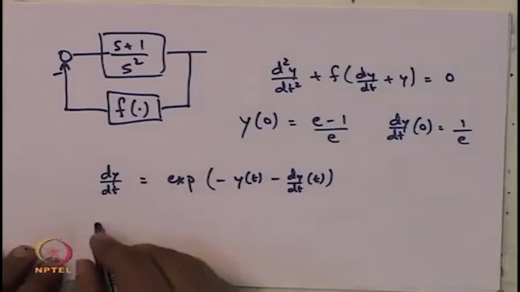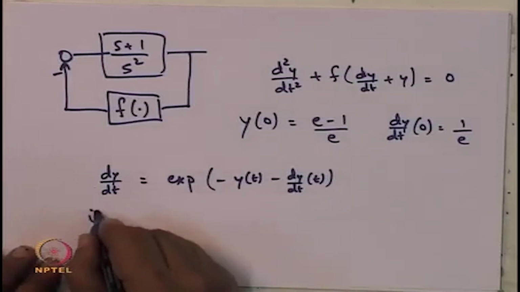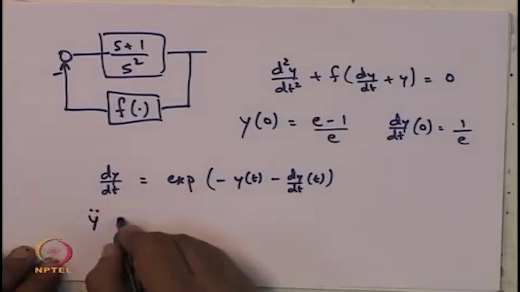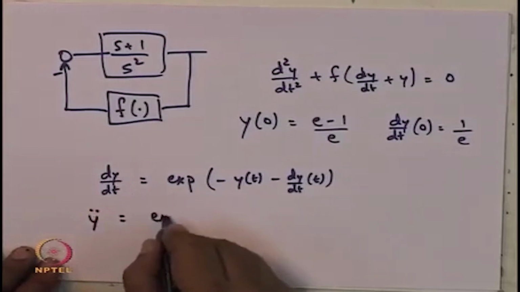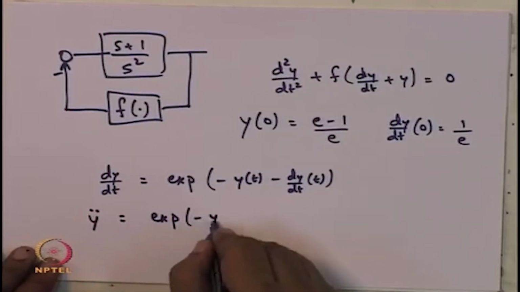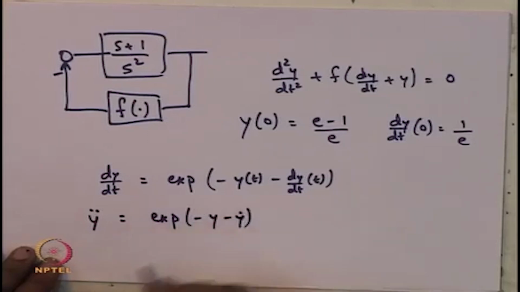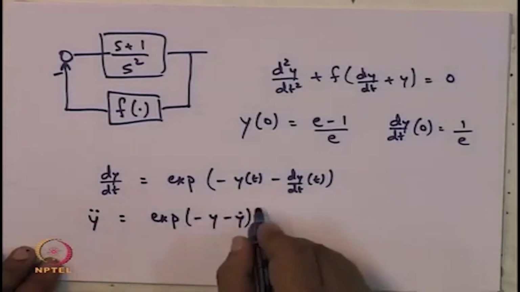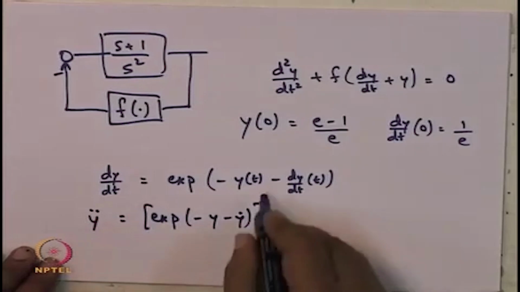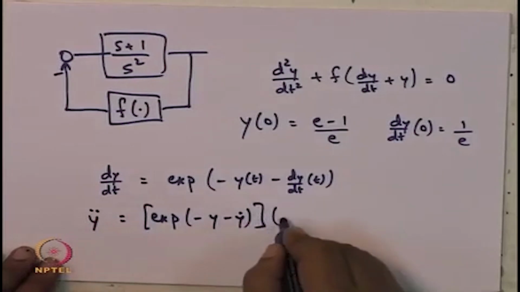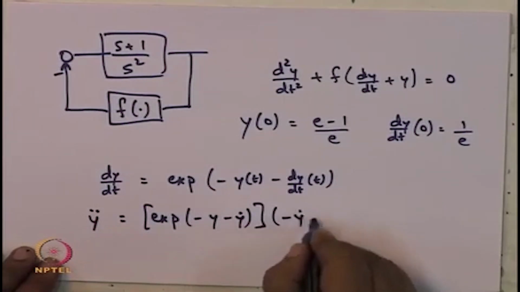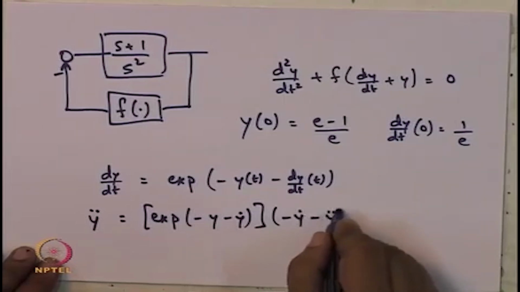Well, let us differentiate it. So, y double dot, that is the second derivative, is equal to exponential minus y dot, and then I have to take the derivatives of these. So, the derivatives of these will give me minus y dot minus y double dot.